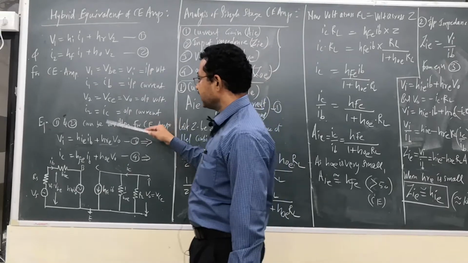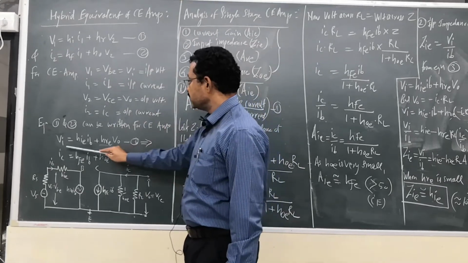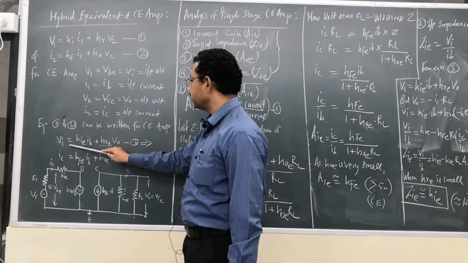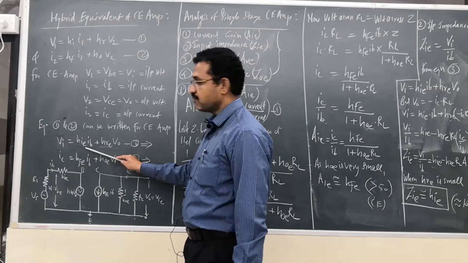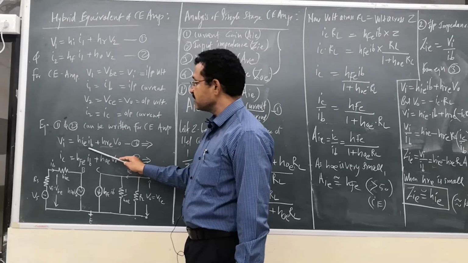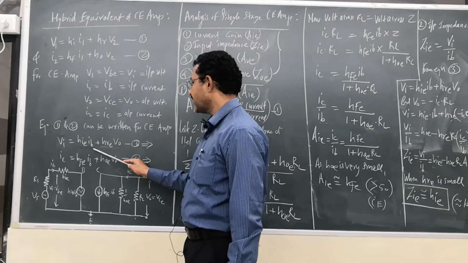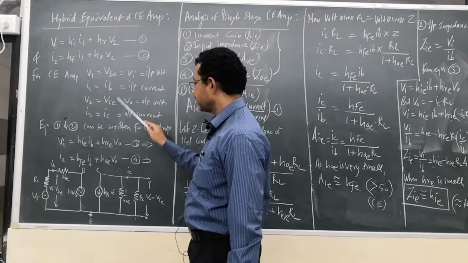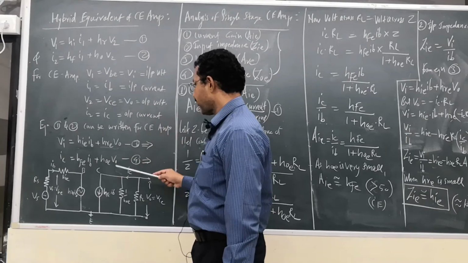So we can rewrite equation number 1 and equation number 2 like this. Vi is the input voltage; in place of V1 we have written Vi, and that equals HIE into IB, where E is the suffix indicating the common emitter amplifier. IB is the input current, plus HRE into VO, where VO is the output voltage.